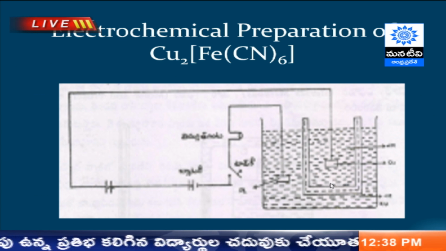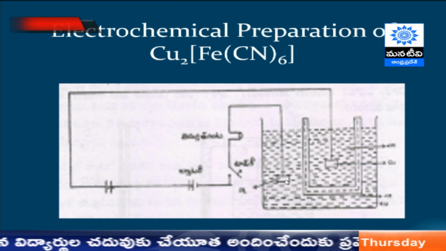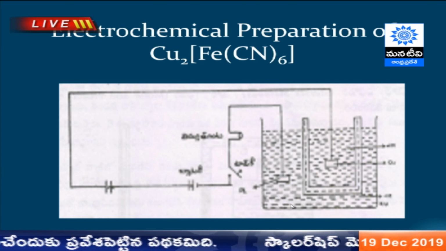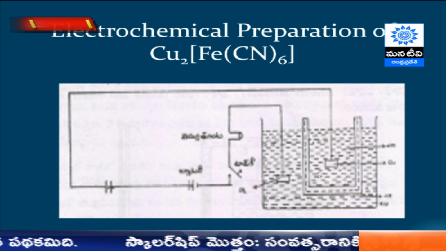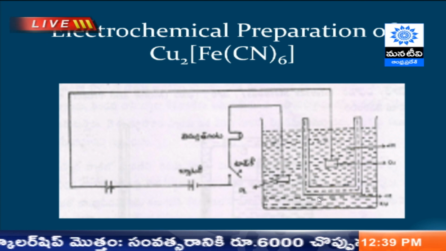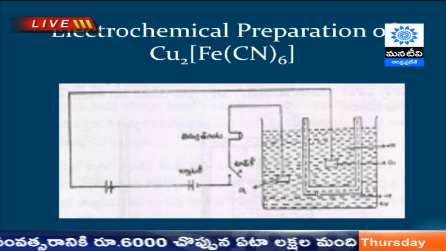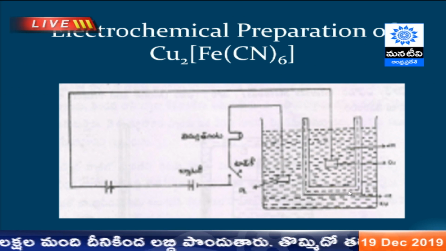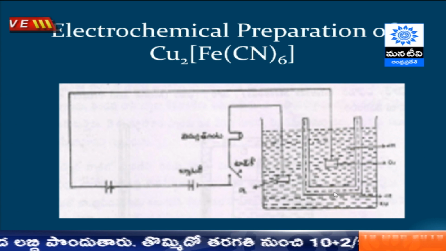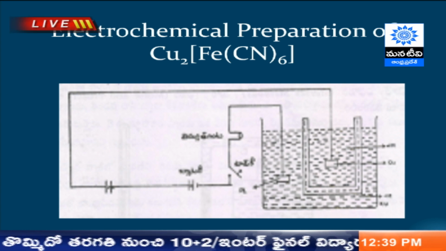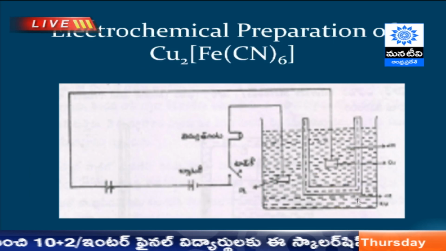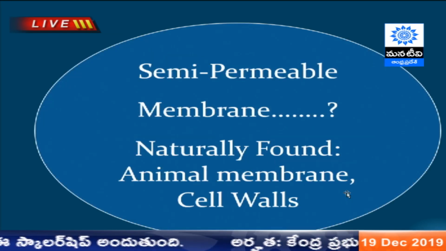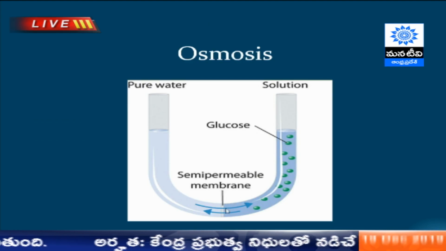When the copper tries to escape, at the same time, due to the flow of electricity, ferrocyanide will try to go into the inner vessel. So, the copper and ferrocyanide will combine to form a precipitate, and the pores are blocked. Now, this porous diaphragm will become the semi-permeable membrane. This is taken out and used for carrying out osmosis. So, this is where it is used.